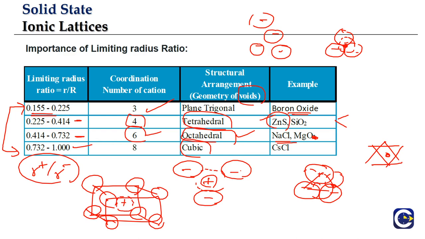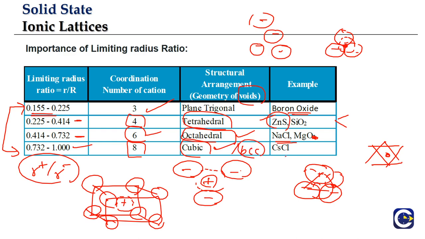That body center void is basically called the cubic void. Why? Because it is at the center of the cube, and if you are keeping a cation there, it will be surrounded by 8 anions. That is why the coordination number there becomes what? 8. And sometimes this kind of geometry is also called BCC in ionic compounds, though it's not a right word to use.